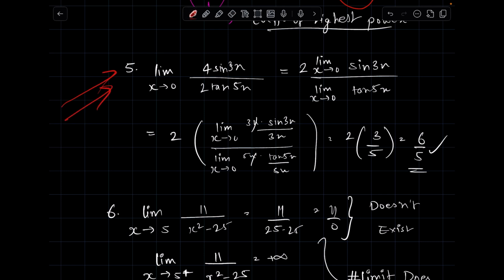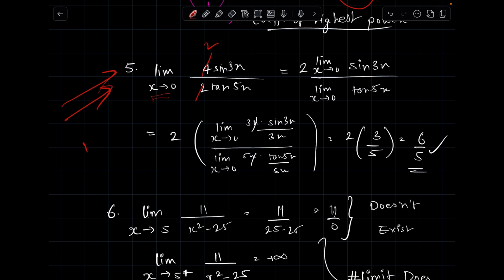As limit x tends to 0, f of x is equal to 4 sine 3x upon 2 tan 5x. This is equal to 2 times the limit as x tends to 0 of sine 3x upon the limit as x tends to 0 of tan 5x.